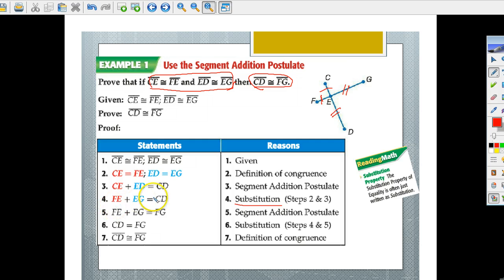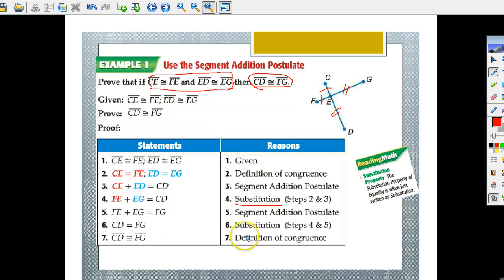Now, from there, FE plus EG equals CD. And then FE plus EG equals FG.